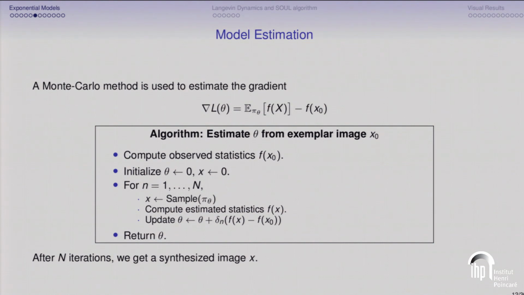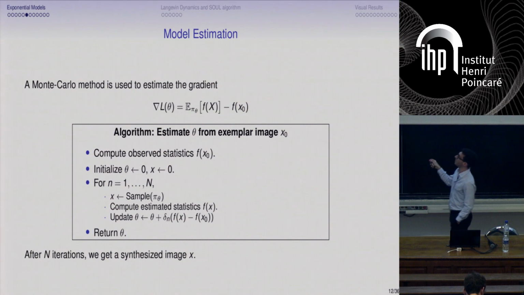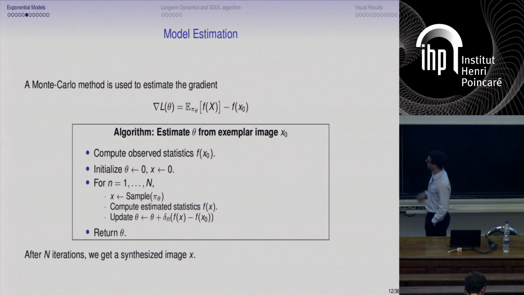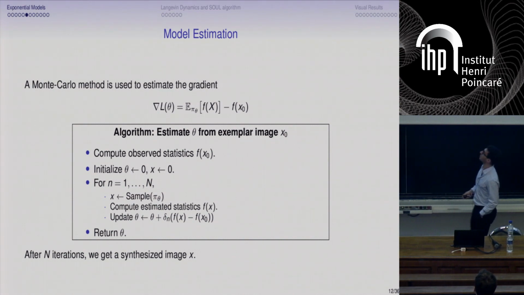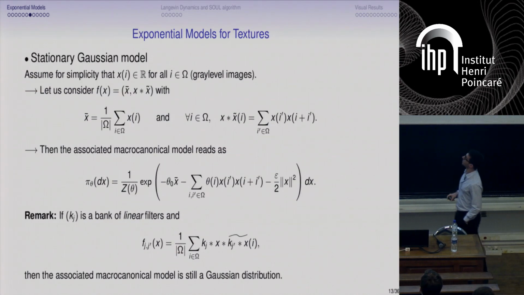But as in Gerson's talk, in general, we don't have an exact way of sampling the distribution pi theta. So we will have some bias in this step. And actually, if you want to show that this thing converges precisely, you have to control the errors that you make on sampling at each step. Okay, and in the end, we get a synthesized image x and some parameters theta star. I will go into the mathematical detail of that in the second part.